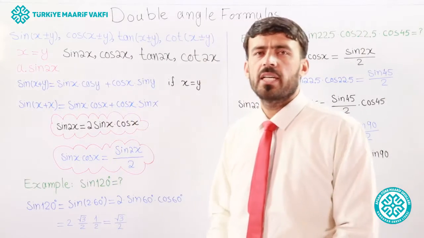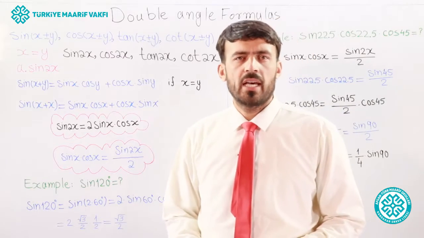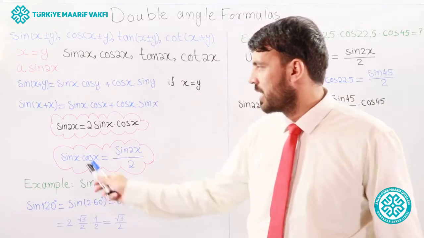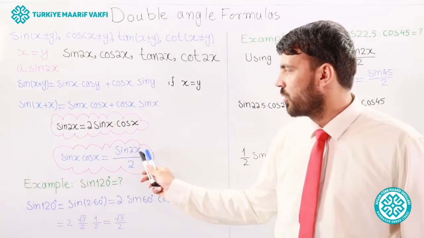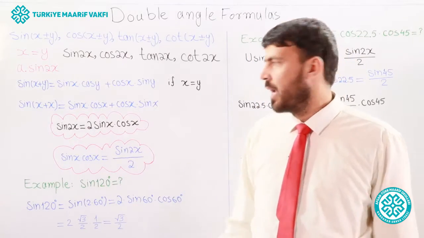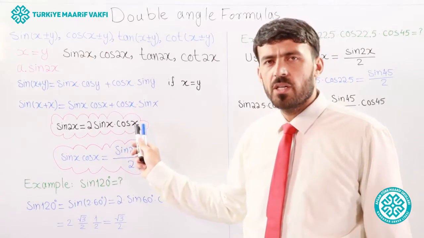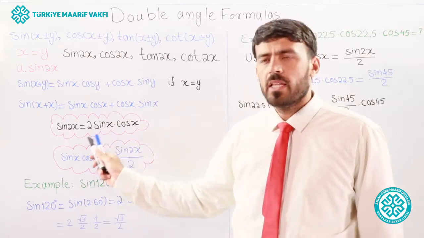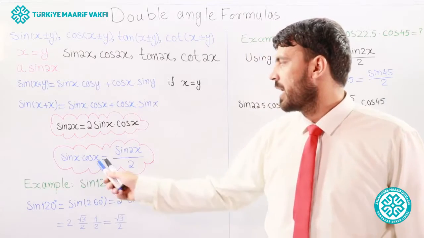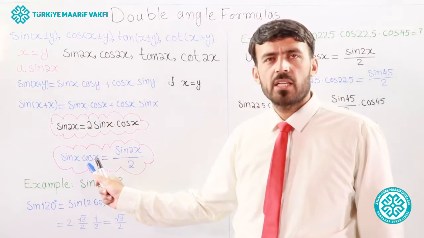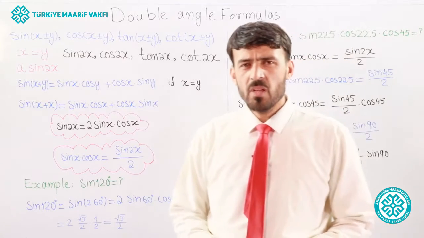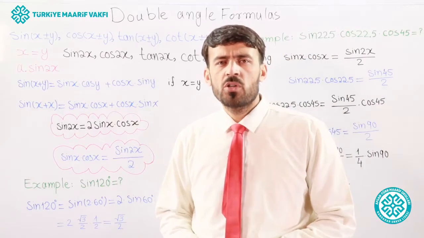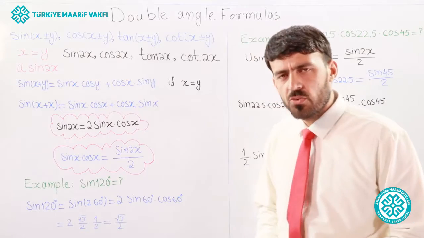We can write this formula in another form, which is sine x cosine x equal to sine 2x over 2. If we divide both sides by 2, the formula will be like this. Here I am going to solve some examples of this formula.